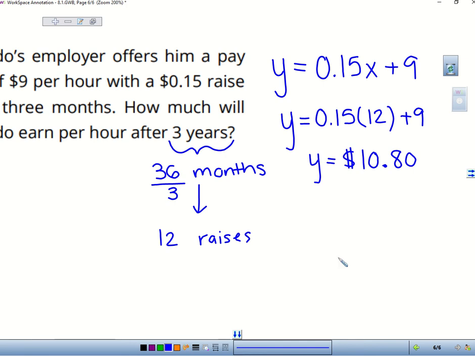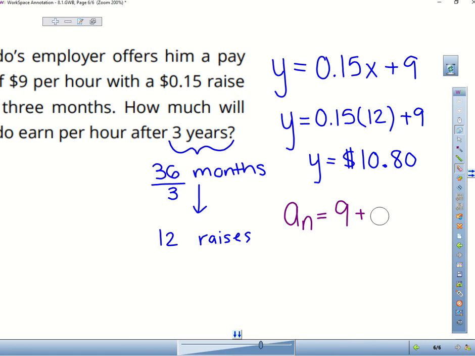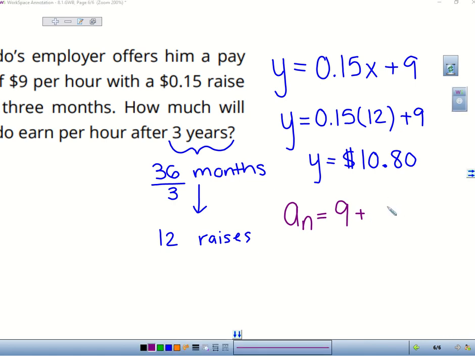Now the other way you could have gone about doing this is to set up an explicit formula. So I'm going to show you a little bit how we would do that. That would be a sub n is equal to your first term, which would be 9, the first term in your sequence, plus d times, what is our d? What is it going up by each time? It's 0.15.